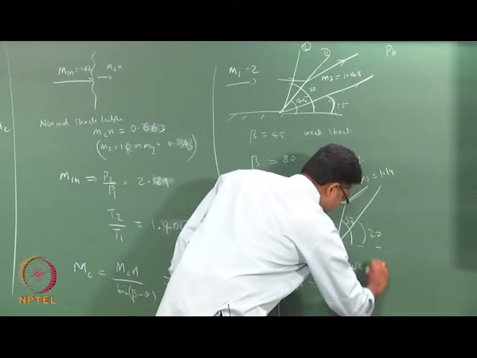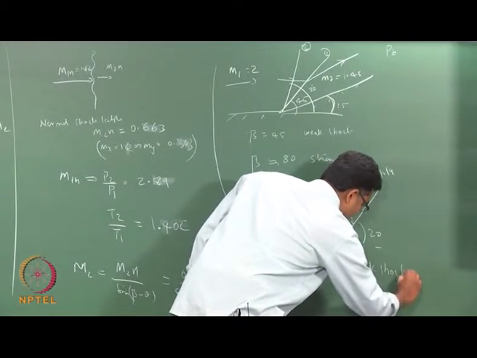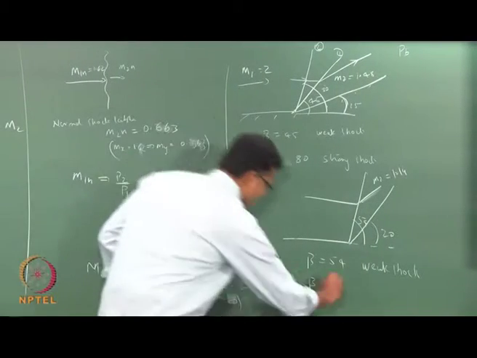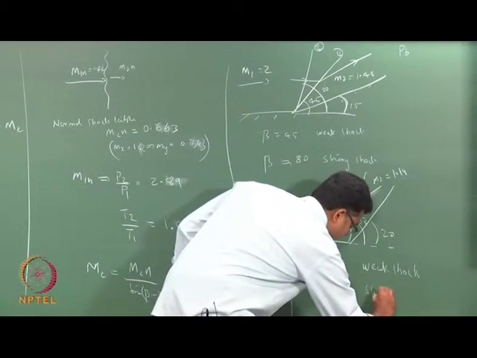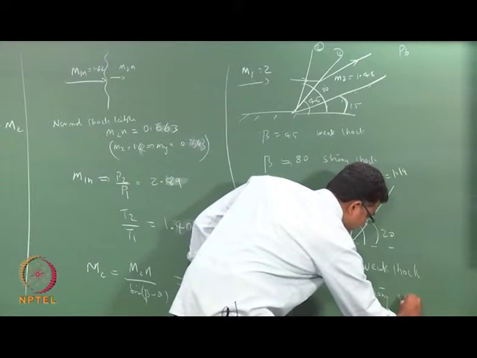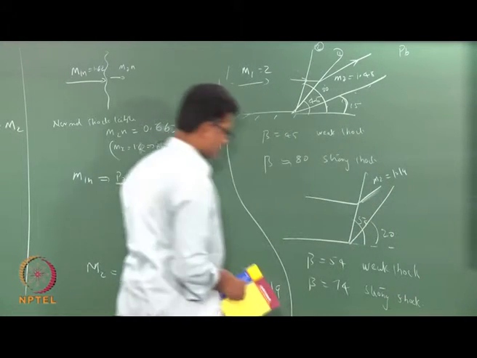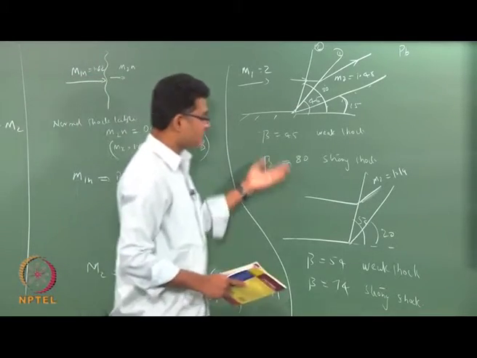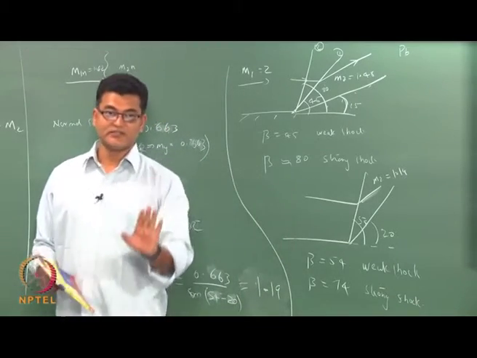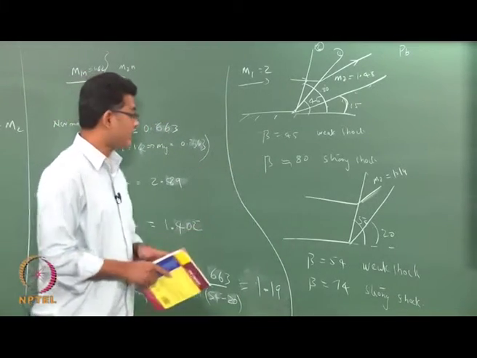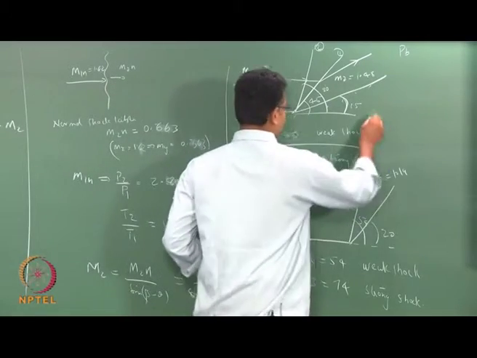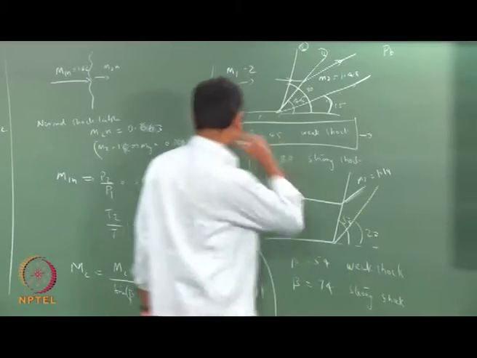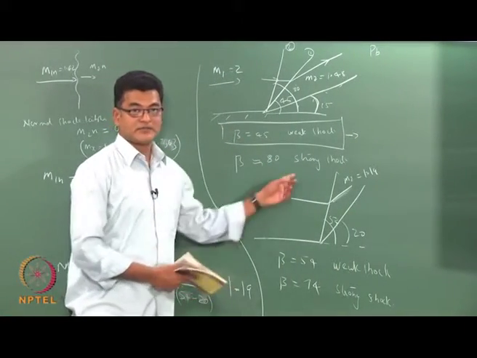So, this is a weak shock and beta 74 is our strong shock. Okay. So, in the problem, if you are asked to find the deflection angle, it is just the weak solution, it is not the strong solution. So, this is our so called default option. Okay. You find the weak solution unless otherwise mentioned. Okay.